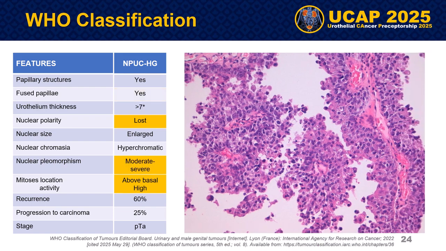High-grade non-invasive papillary urothelial carcinoma is a urothelial neoplasm characterized by papillary structures lined by urothelial cells with marked architectural and cytological disorder. The basement membrane continues to remain intact and unbreached. The malignant cells are mitotically active, and mitosis can be seen above the basal layer throughout the full thickness.